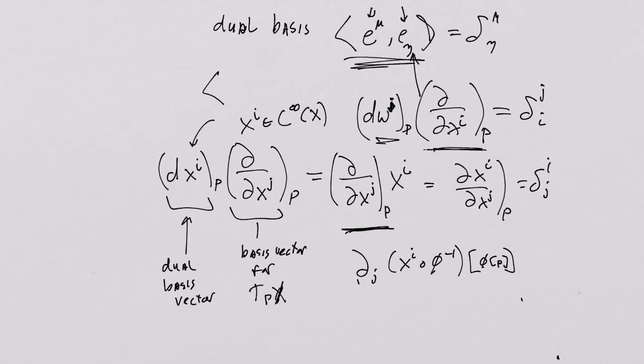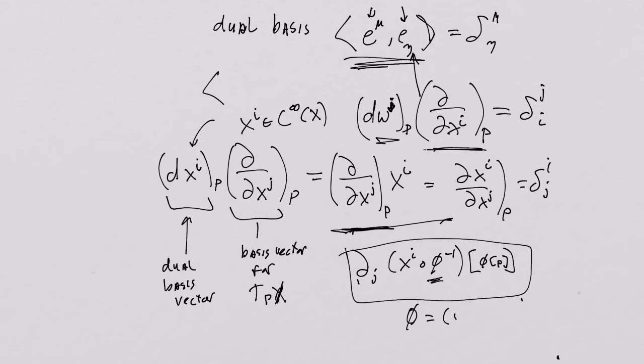The beauty of this notation, the reason it was selected, is so you can very quickly get to this place. Although this is correct, it's not necessary to go back to it in this case. It was when we were trying to understand these charts in detail, where phi equals x1, x2, up to xd, and these are the coordinate functions. We don't have to go back and do that anymore.